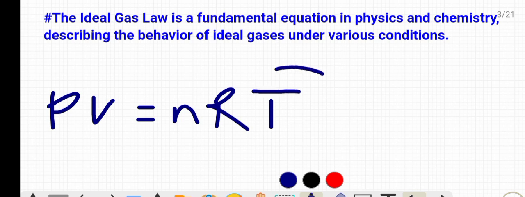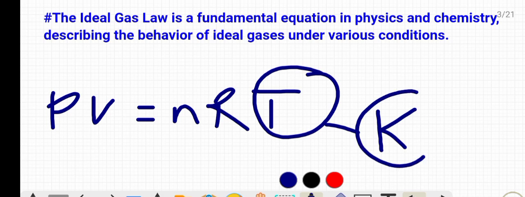Wherever we mention temperature, we should picture it in Kelvin, because Kelvin is the standard unit for temperature. Temperature's standard unit is not Celsius or Fahrenheit, but Kelvin. The absolute zero temperature scale is the one that we use here.